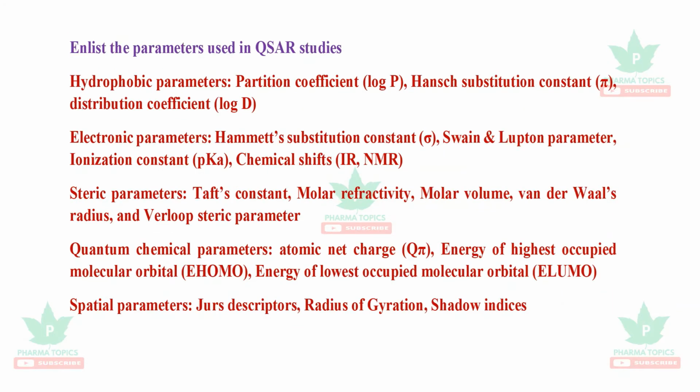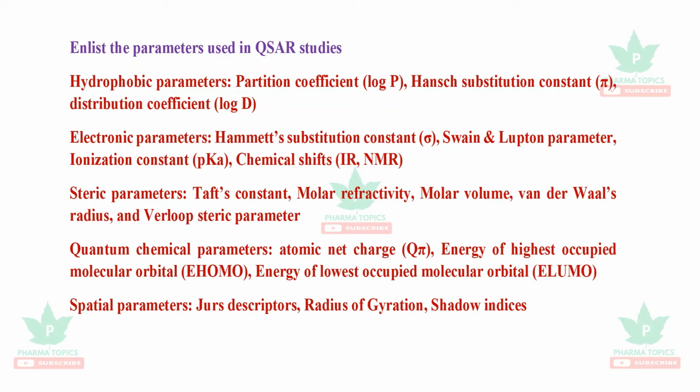The parameters used in QSAR studies: hydrophobic parameters such as partition coefficient log P, Hansch substitution constant, distribution coefficient log D. Electronic parameters are Hammett substitution constant, Swain and Lupton parameter, ionization constant, and chemical shifts.